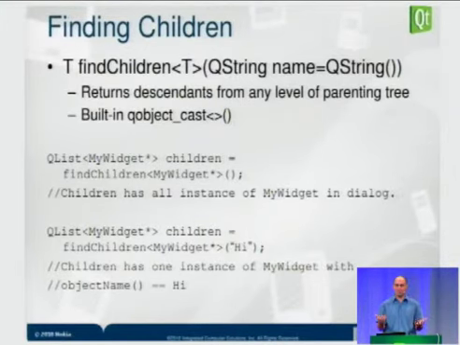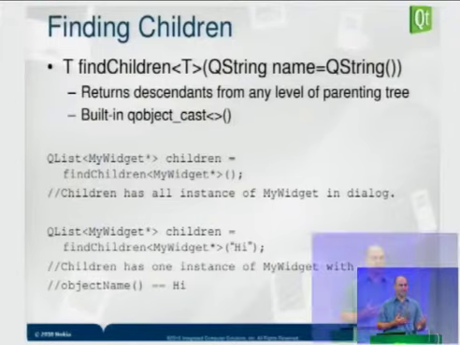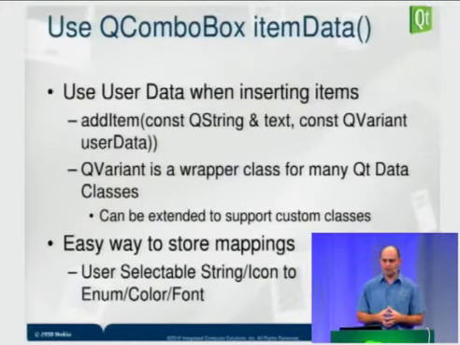You can get an object that says, you know, this is the label for the font combo box. So you can actually pass a name that you're looking for to findChildren. So the second instance will only find one widget, and that's the MyWidget that has a name called hi. So there's a couple easy ways to get from generics back into your actual subclasses.